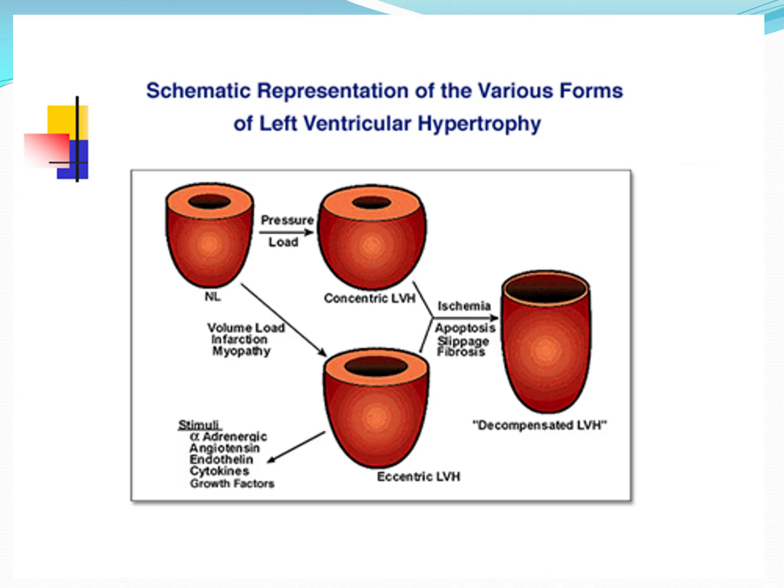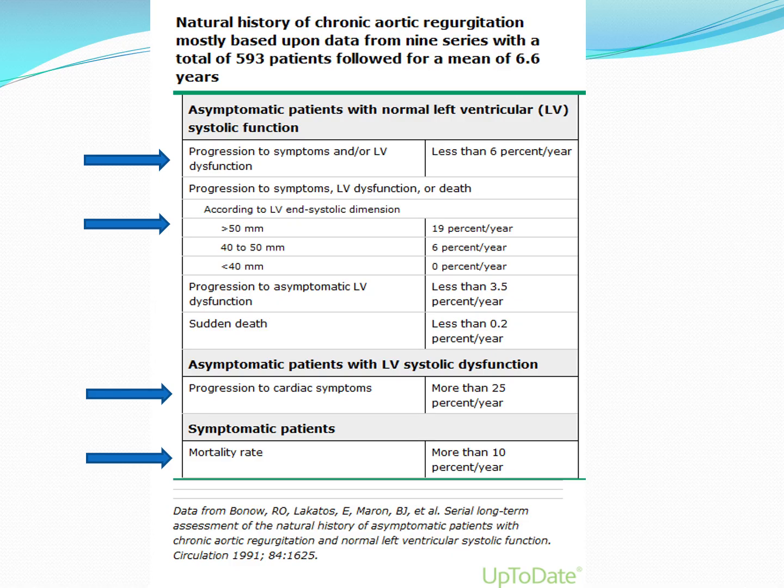This is just another example of how pressure versus volume overload both lead to hypertrophy and both end up in the decompensated state. So in patients with aortic regurgitation who are asymptomatic and have normal systolic function, progression to symptoms or LV dysfunction is not common, less than 6% per year.